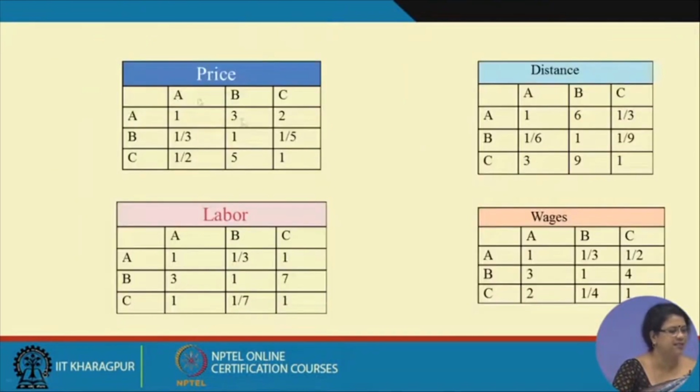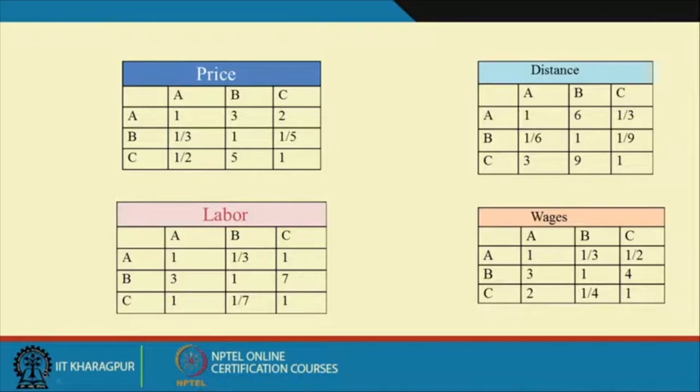Now, if I draw this with respect to 4 criteria, one criterion was property price, another was quality of labor, distance from supplier, and cost of labor.